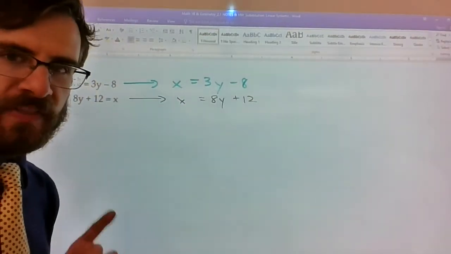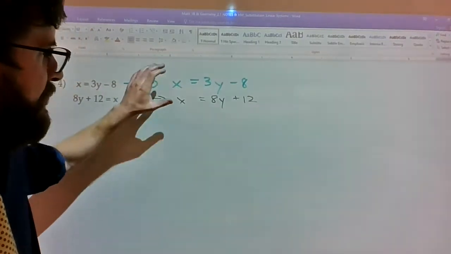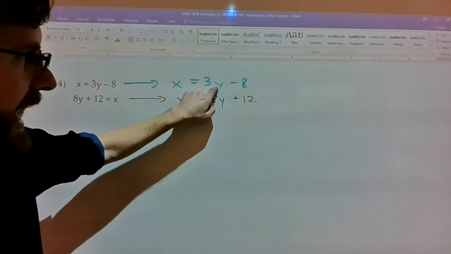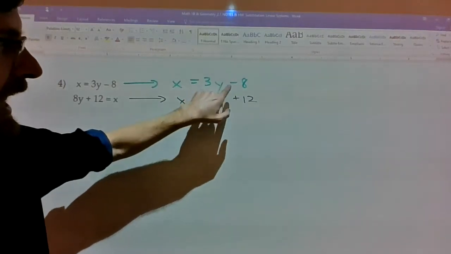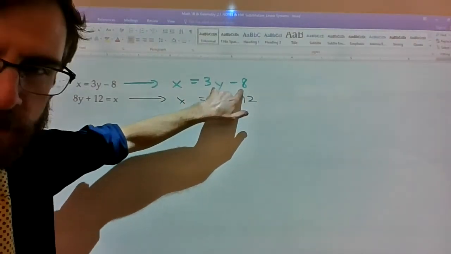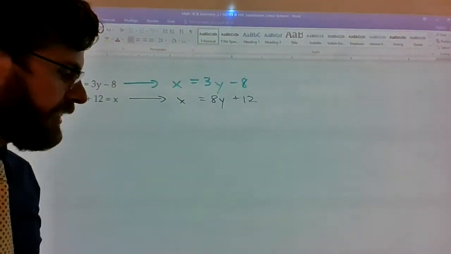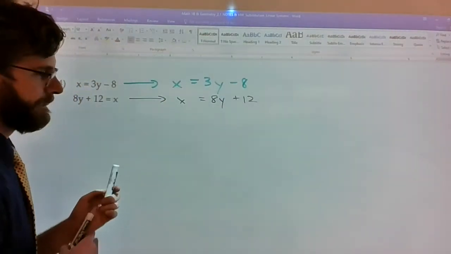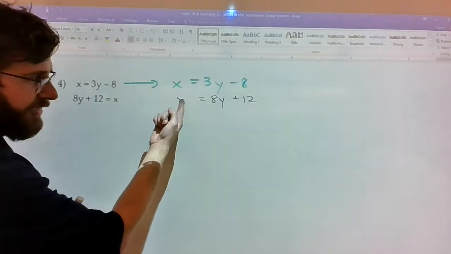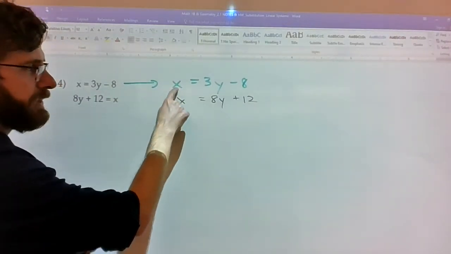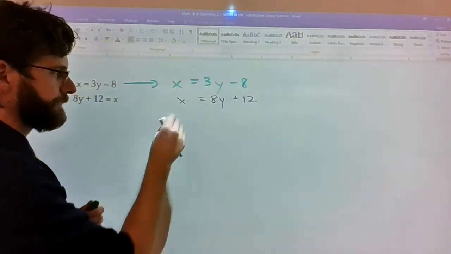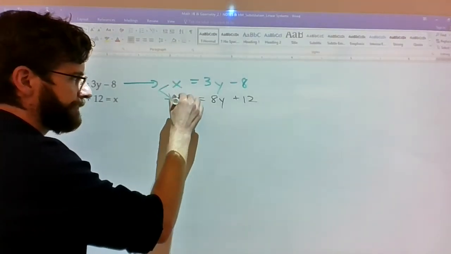So here's what you do in this case. If they both equal x, it's kind of like, okay, I have an expression in terms of y that equals x, and then another expression in terms of y equals x. You can state, hey, this x right here can be replaced with this green x. All right, think of it like that.